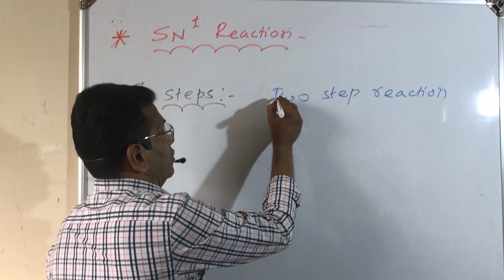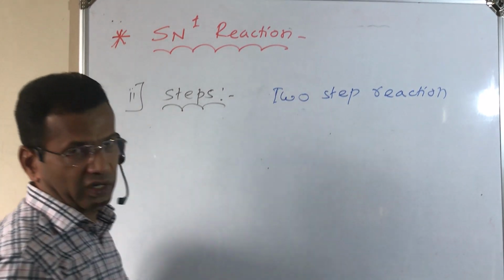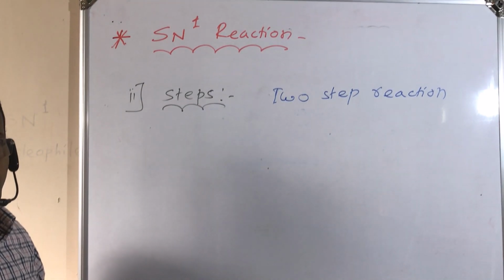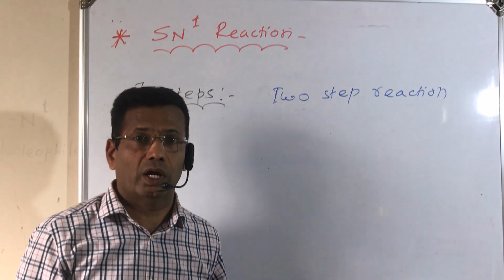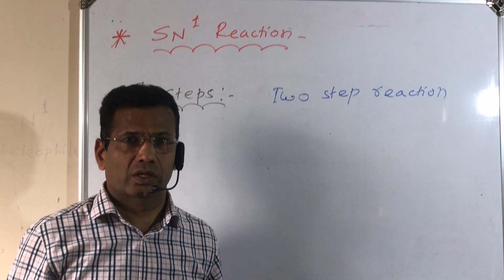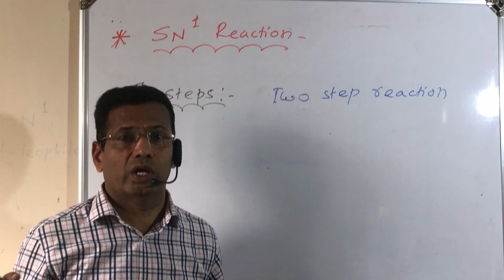SN2 takes place in a single step. It is a two-step reaction. So here step 1 is the formation of tert-butyl carbocation, and step 2 is the formation of the product tert-butyl alcohol.